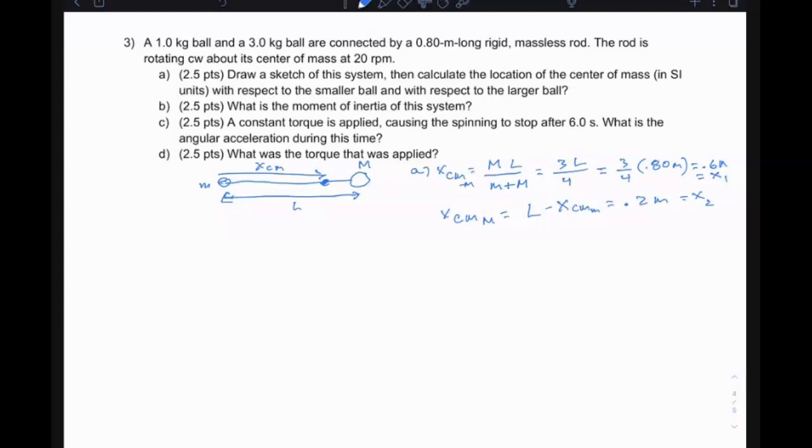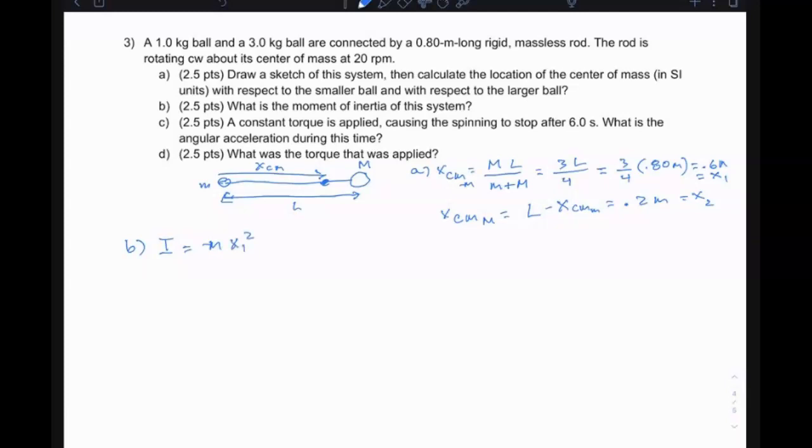And part B, what is the moment of inertia of this system? Well, with respect to the center of mass, the moment of inertia is equal to little mass times its distance from the center of mass, which is x1 squared.